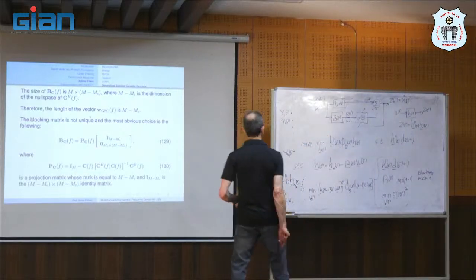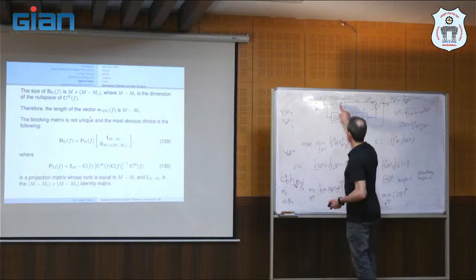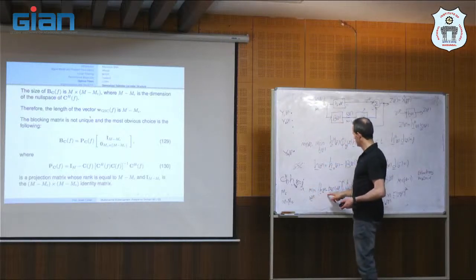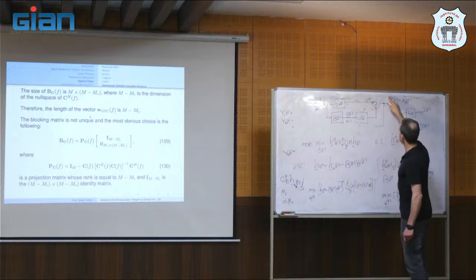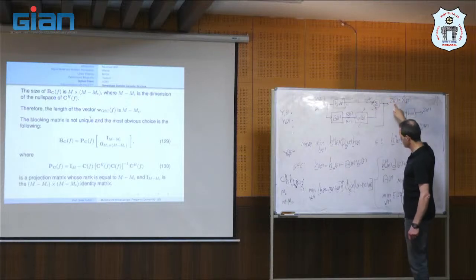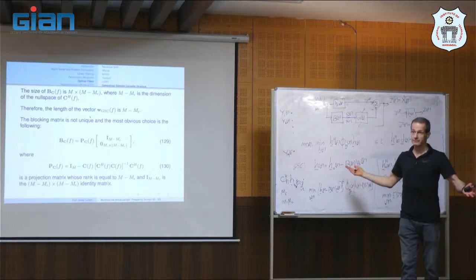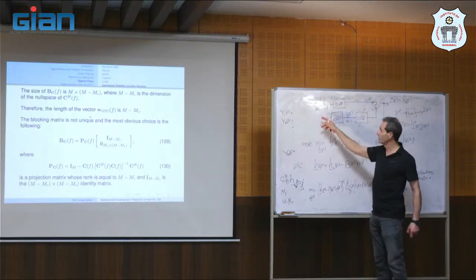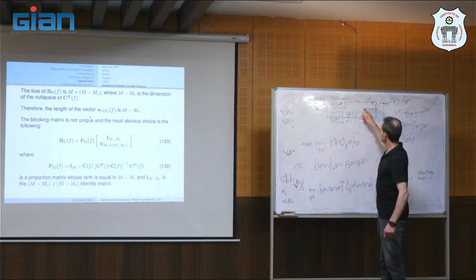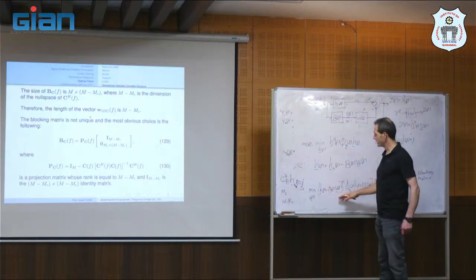So we found B. We found H minimum norm. We found the blocking matrix. Now we only need to find W such that we minimize the variance at the output without any constraint, because we already satisfied the constraint here. So we don't need to find W with additional constraints.